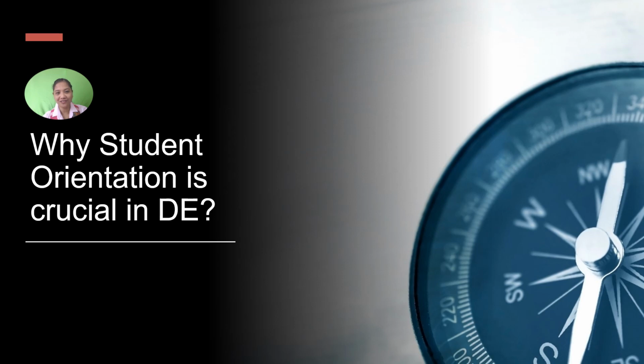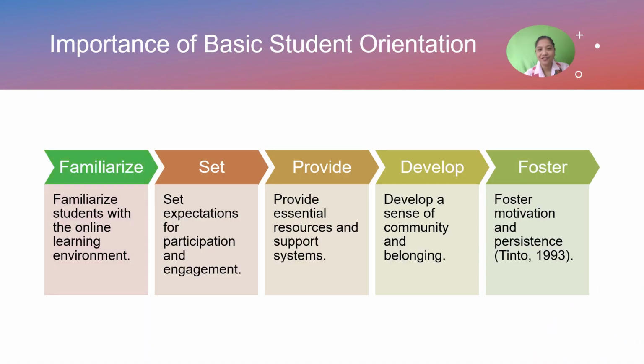Probably the first question that we will ask ourselves is why student orientation is crucial in distance education. Student orientation plays a crucial role in setting up distance learners for success.